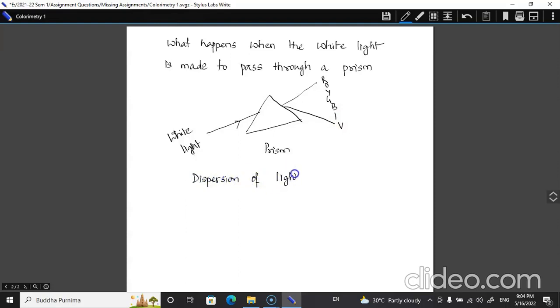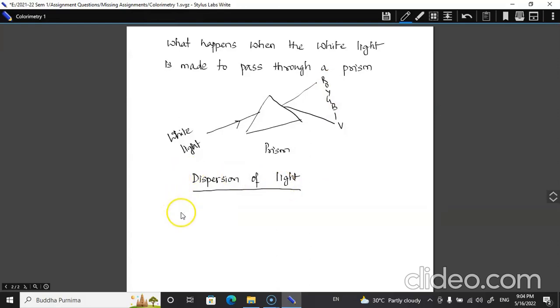The 7 colors are VIBGYOR: violet, indigo, blue, green, yellow, orange and red.